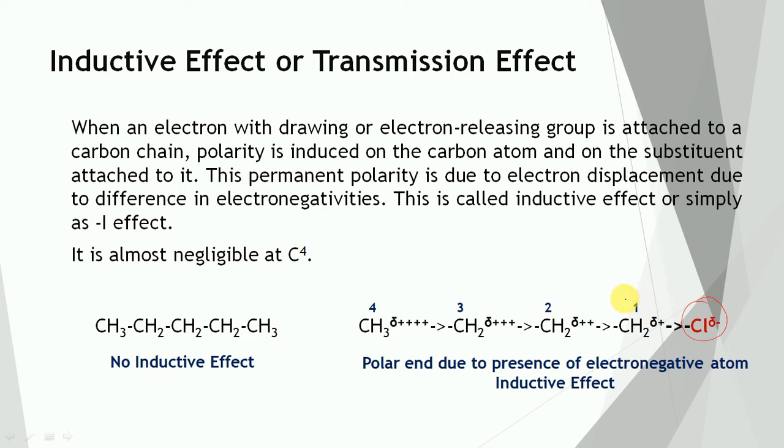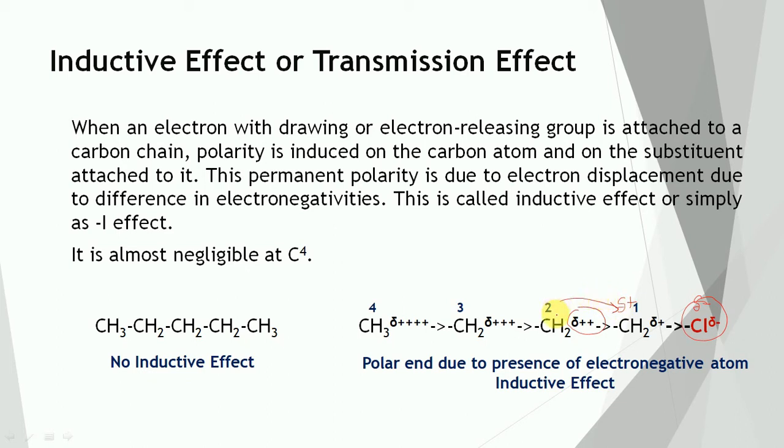The carbon acquires a positive charge and chlorine acquires a negative charge. The positive charge on C1 is partially neutralized, while a small positive charge develops on C2. The charge on C2 is smaller in comparison to C1.